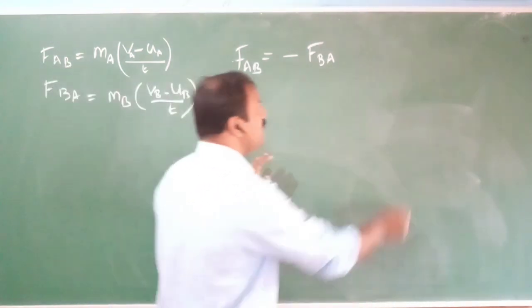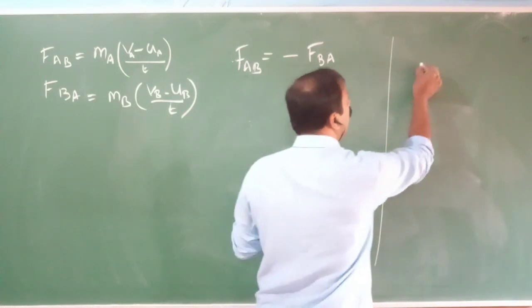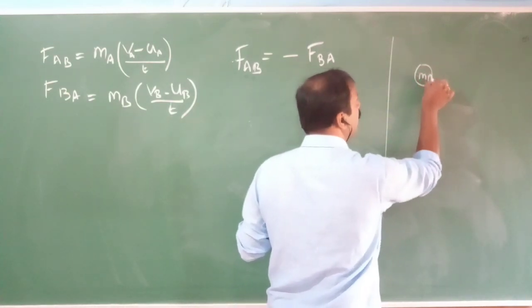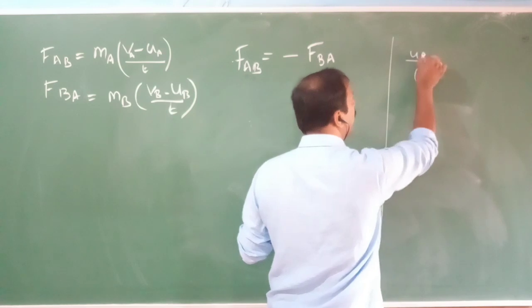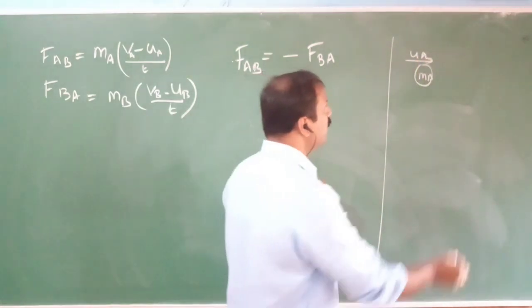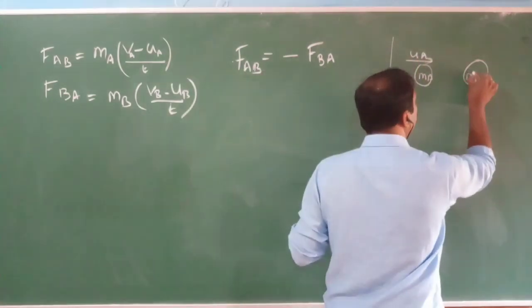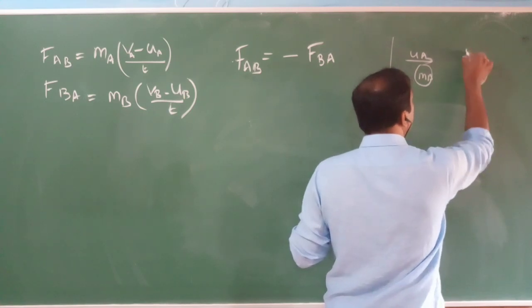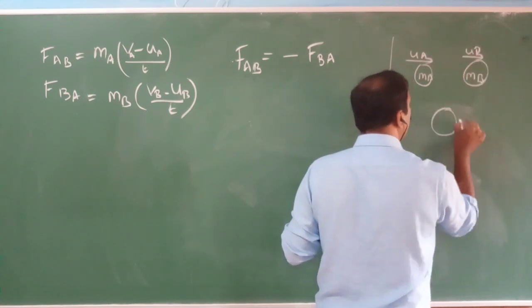This situation is like this. You have one ball, object A, with mass MA, going with a velocity UA, and another object having mass MB with velocity UB. These two are undergoing collision.